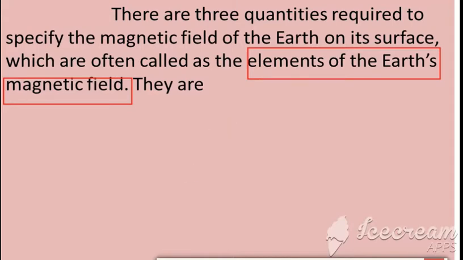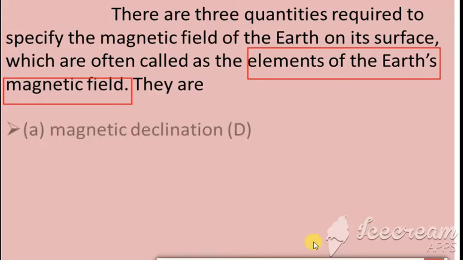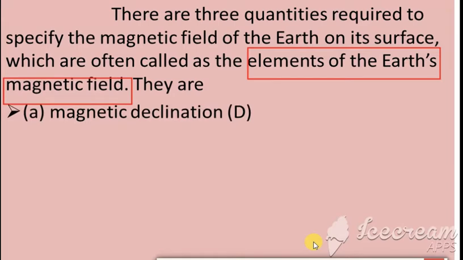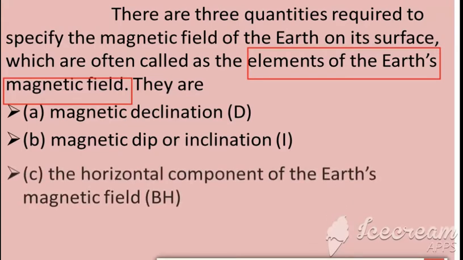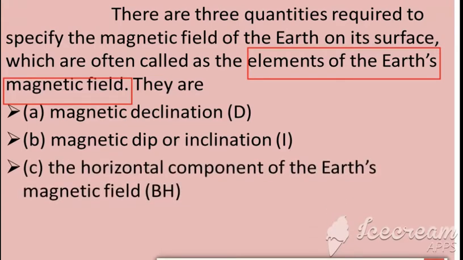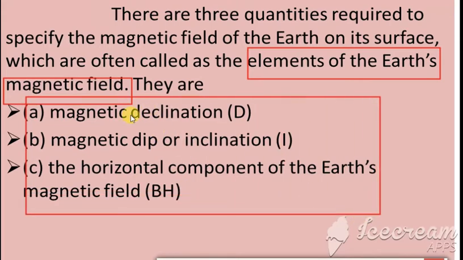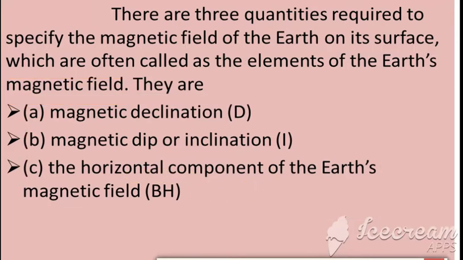The first is magnetic declination, next is magnetic dip or inclination, and then the horizontal component of the Earth's magnetic field. We'll see these one by one.